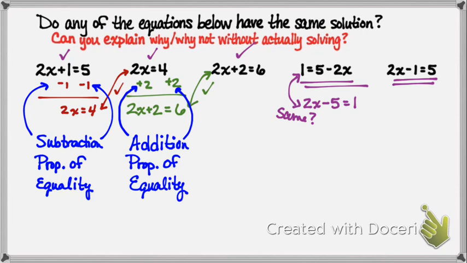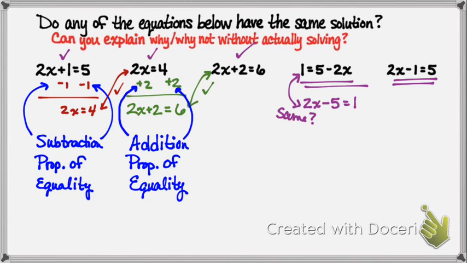Do you guys remember for some of the ones that we're like, I don't know exactly what to do with this, we could always pick out a value and substitute in, see if it comes out the same. So what about if I put 5 in the place of x? Let's just pick out a test number.